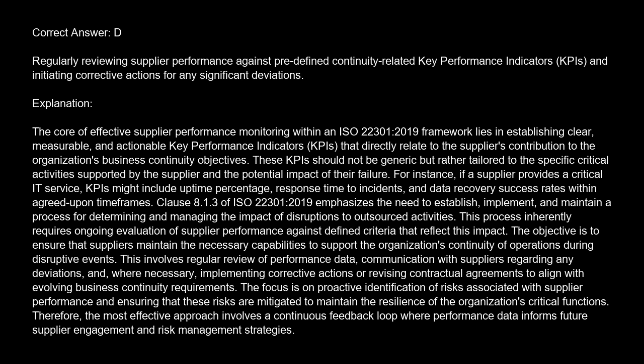The objective is to ensure that suppliers maintain the necessary capabilities to support the organization's continuity of operations during disruptive events. This involves regular review of performance data, communication with suppliers regarding any deviations, and, where necessary, implementing corrective actions or revising contractual agreements to align with evolving business continuity requirements.